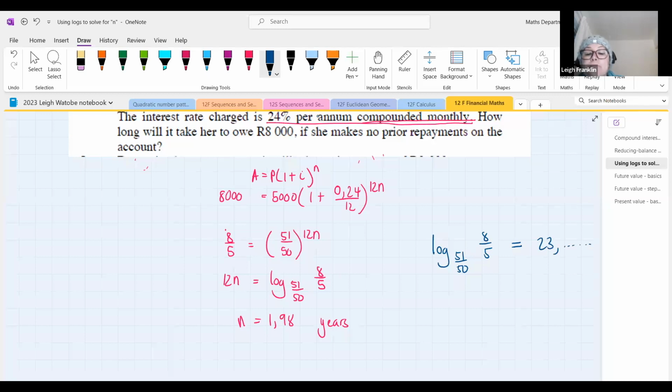Then you divide that by 12, because here you got your 12 in front of your n. So to get n, you must divide by 12. Does that make sense? Okay, there we go.